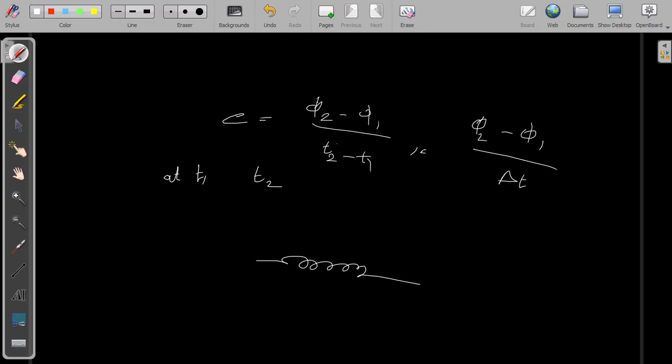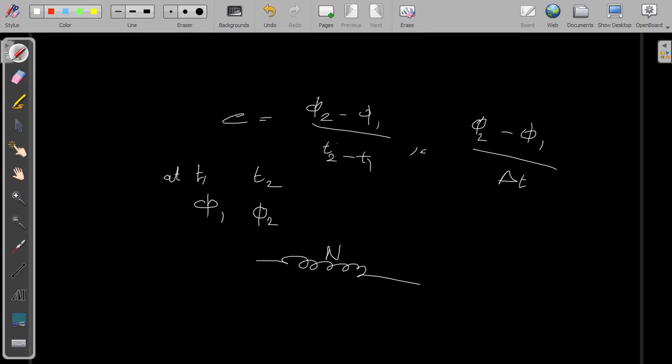At t1 second, let phi1 be the flux linking the coil, and at t2 second let phi2 be the flux linking the coil, which has capital N number of turns.